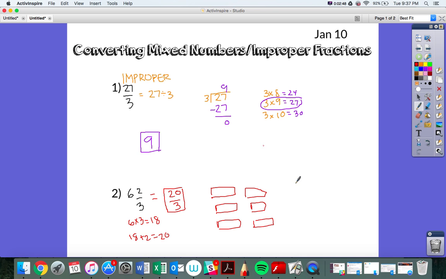Ideally they'd be all the same size, but sometimes it's a little hard to show them all the same. So I'm going to have 6 wholes, and then I need 2 thirds. I know all of these have to be broken up into thirds so I can figure out how many thirds I have total. And I can shade all of my wholes.